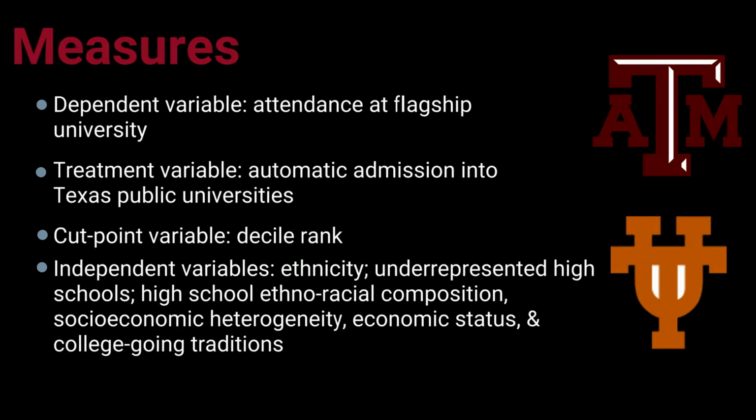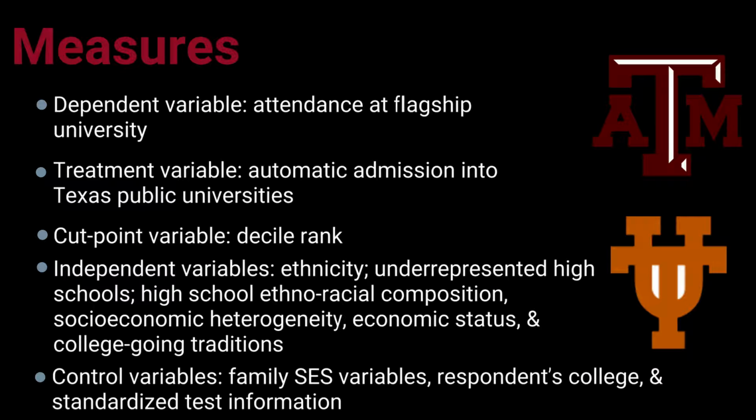The independent variables included ethnicity, underrepresented high schools, ethno-racial composition of schools, socioeconomic heterogeneity of schools, socioeconomic status, school college-going traditions, and then other control variables included family socioeconomic status variables such as parental education and home ownership, respondents' college disposition, the grade level when the respondent first considered college, and standardized test information such as test scores, and dummy indexing variables were used if the test was not taken.